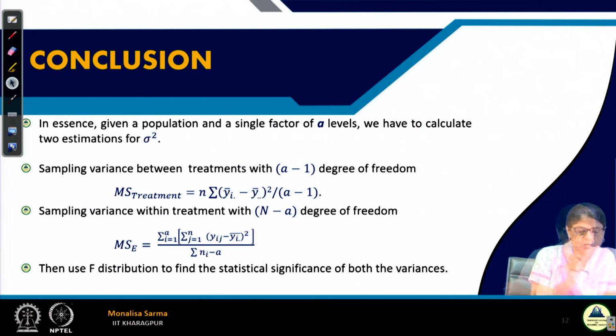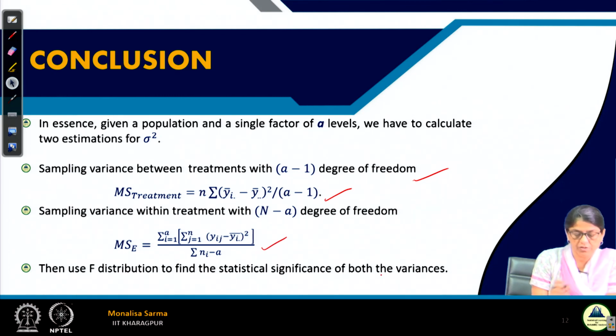Now, just to conclude, in essence, given a population and a single factor with a levels, we have to calculate two estimates of sigma squared. The sampling variance between treatments, with a minus 1 degrees of freedom, is MS treatment. The sampling variance within treatments, with N minus a degrees of freedom, is MSE.